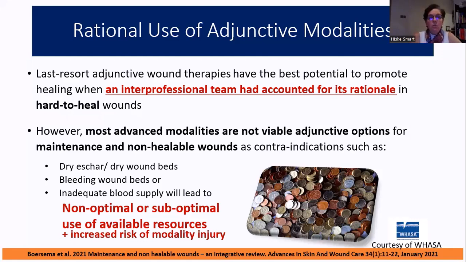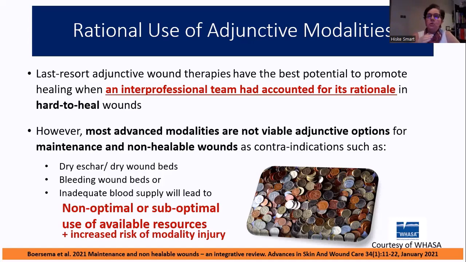And we need to be very sure about dry eschars, especially with our negative pressure wound therapies, bleeding wound beds, or inadequate blood supplies. And then you need to balance. Maybe one modality is not applicable for the one, but the other one can compensate for the things that are actually contraindications in the other.